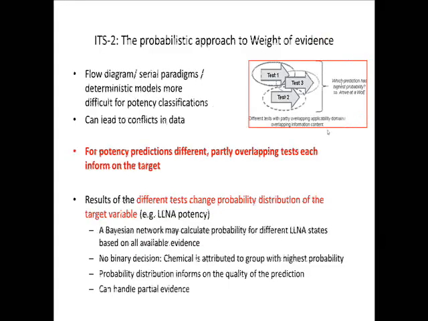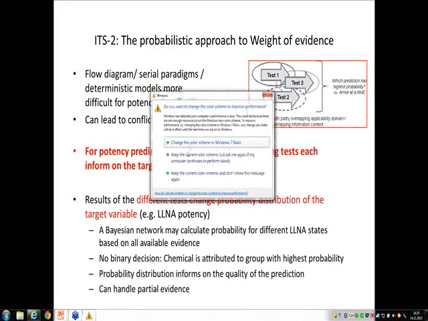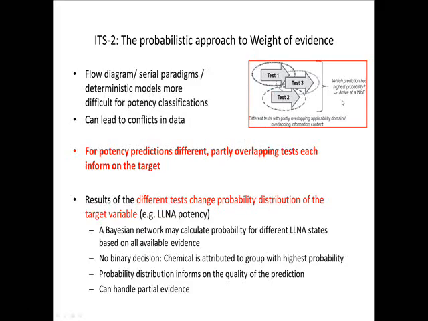Actually, why we need this sort of integration is because we do have, in fact, not really very well separated boxes with all our tests. Some of our tests measure different parts of the process, and if we just would combine them in a linear way, this can lead to conflicts in the data, and serial paradigms are not really useful for potency predictions.